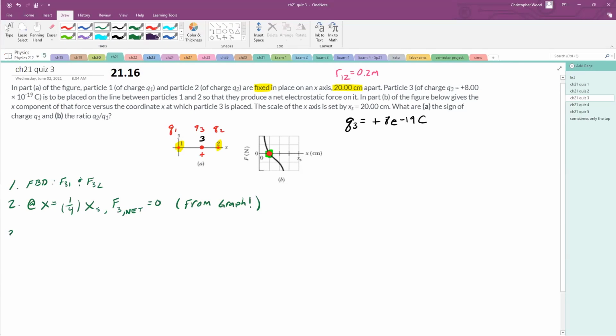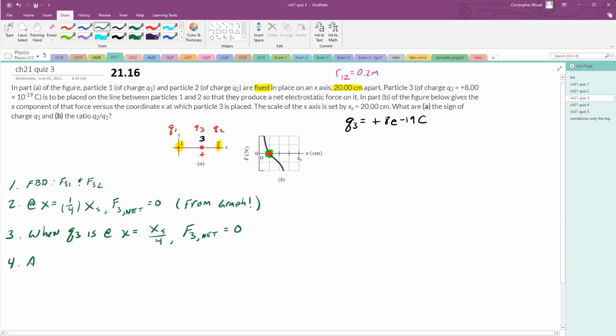When Q3 is at x equals xs over 4, that scaling factor, F3 net equals 0. Good. So step 3 is just a refinement of step 2. All right, so let's go with that.